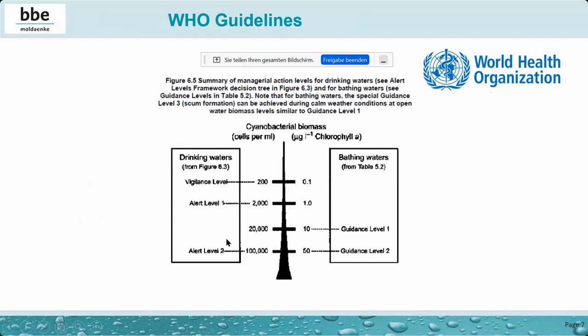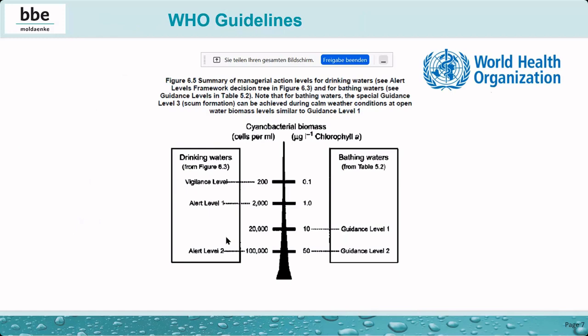Why can we use chlorophyll as a proxy for the toxin? Well, it is said that around 50% of the cyanobacteria can make these toxins. So chlorophyll of cyanobacteria is an indicator for the toxin, and I have a rule of thumb: around 1/10 of the chlorophyll content is the content of toxin.